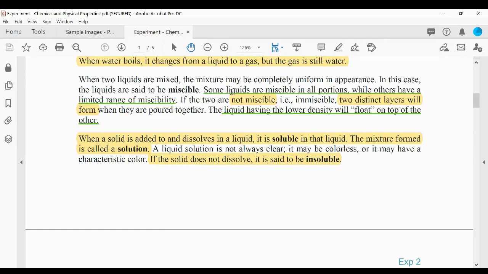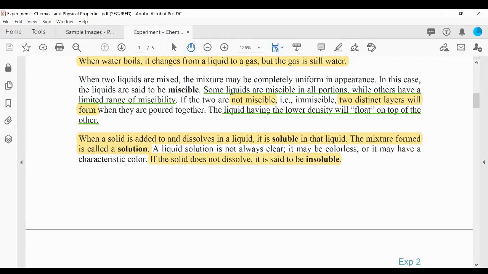But if you mix two liquids that are not miscible, you are going to observe two layers that form in the liquid with a little line in between. And the liquid with higher density is going to be on the bottom.